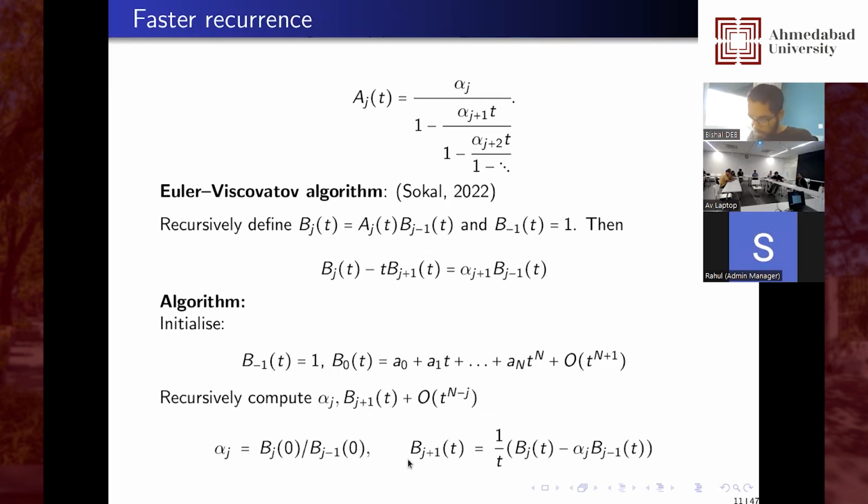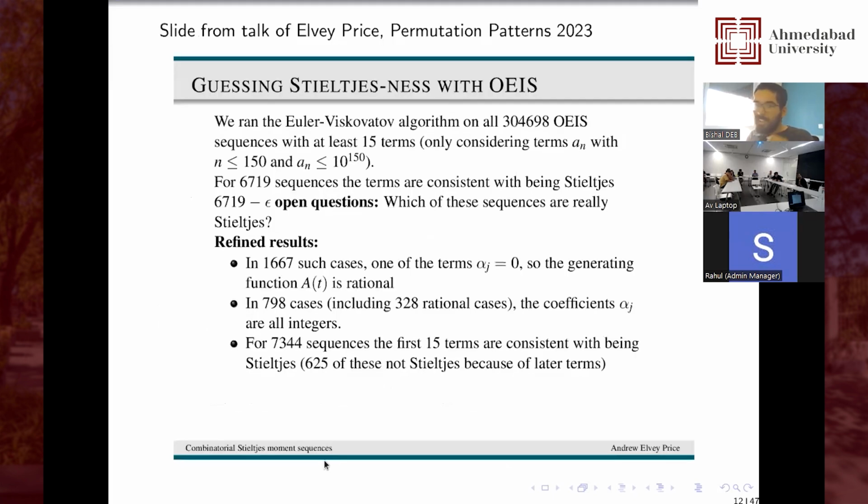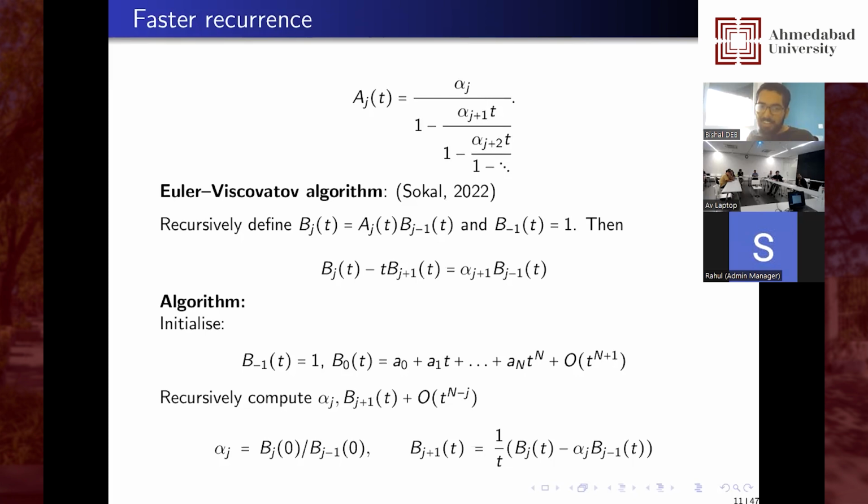Here you are only dividing by the monomial t, but you are not dividing out a full power series. So that's still fine. And here the division is just division of numbers, not division of power series, because it's just the zeroth, the constant term in the power series. If you do this, it runs very fast.